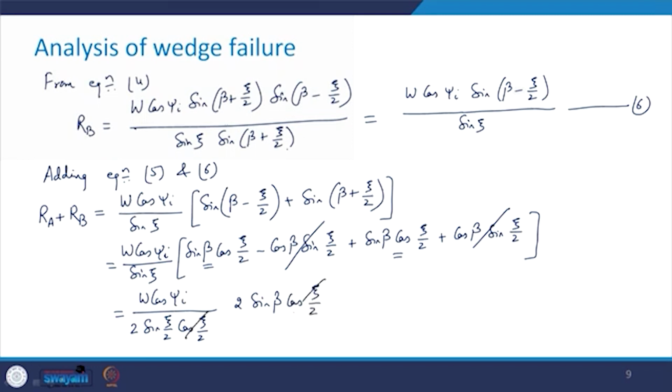So, this and this will get cancelled. So, what you are going to get here is R A plus R B will be W cos psi I into sin beta divided by sin of zeta by 2, because this 2 and this 2 will also get cancelled out. So, this equation will become equation number 7.